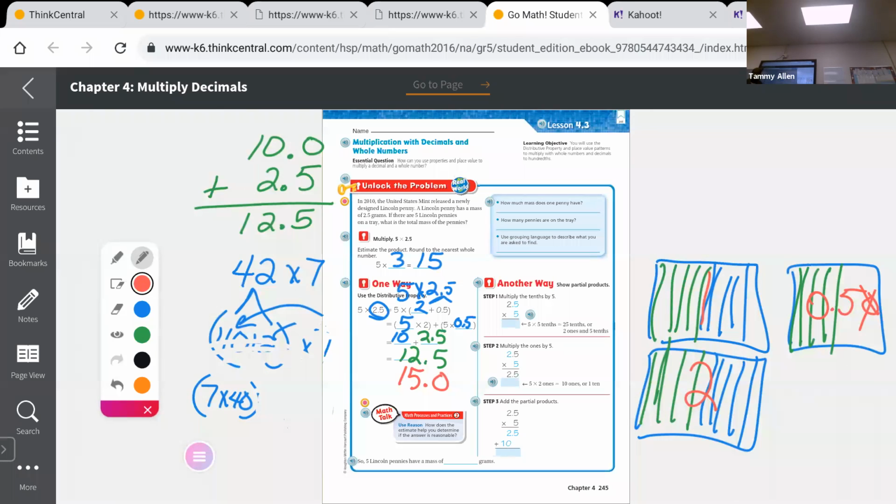Is it close? Yes, because otherwise we would be looking at this number being like 125 or 1 and 25 hundredths or something like that. Does that make sense? And are either of those numbers close to 15? No.